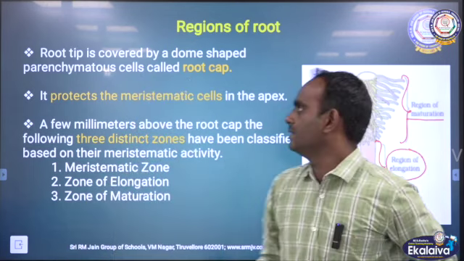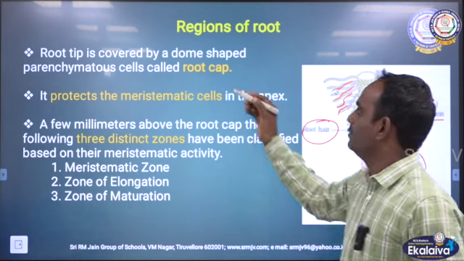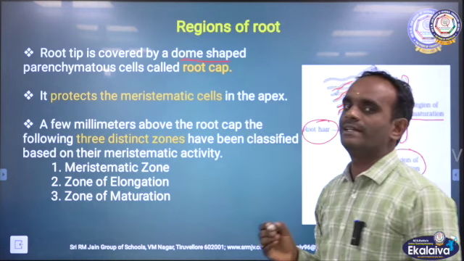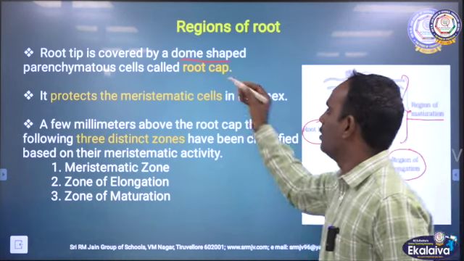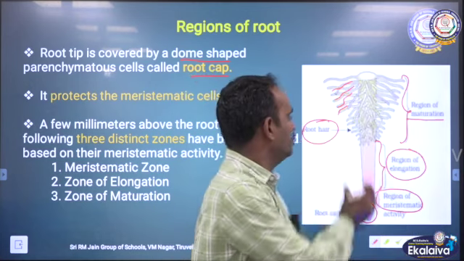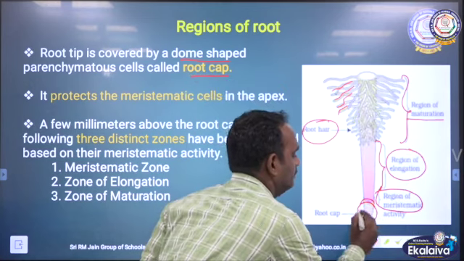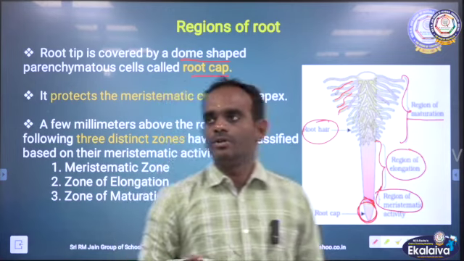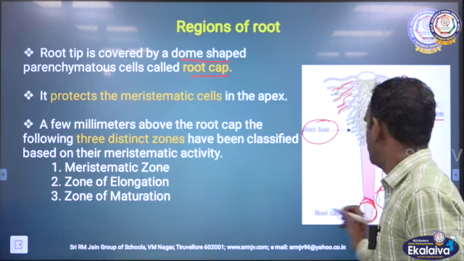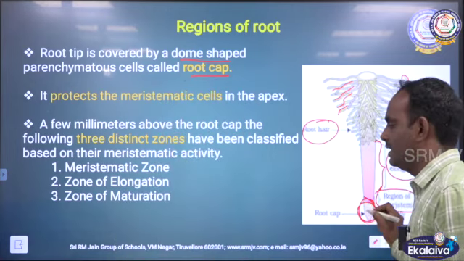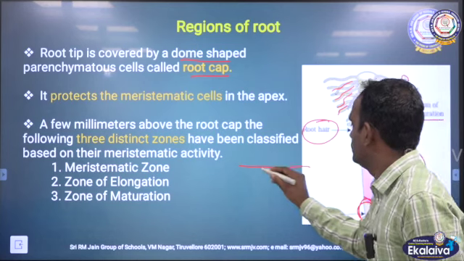Okay. See, root tip is covered by dome-shaped parenchymatous cells called root cap.